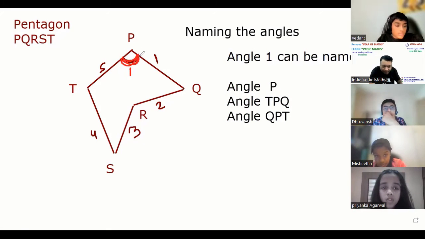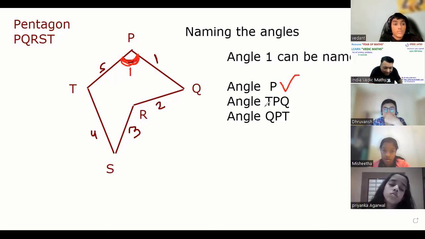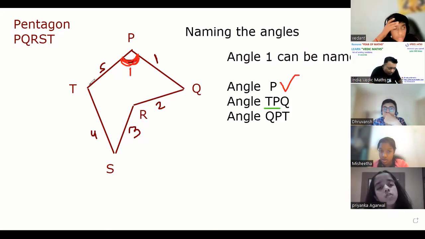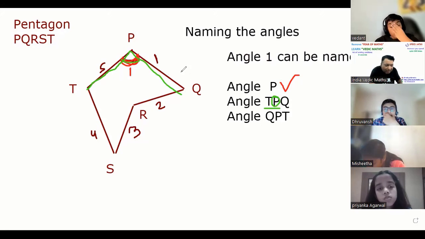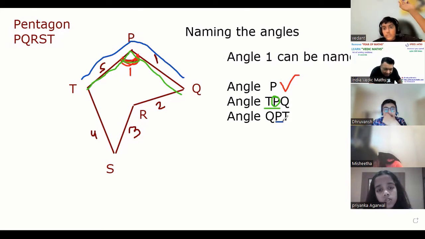P. So this is self-understood or not? Why is it TPQ? Whatever letter is in the middle, that is the name of that angle. TPQ, or you can also say, if I use blue color here, QPT. The center letter is what?